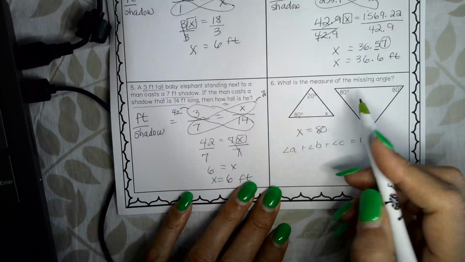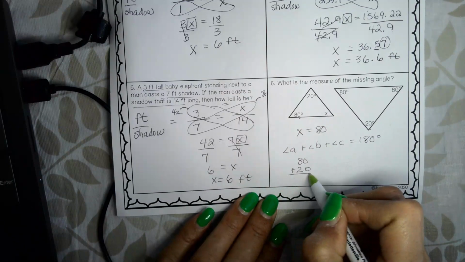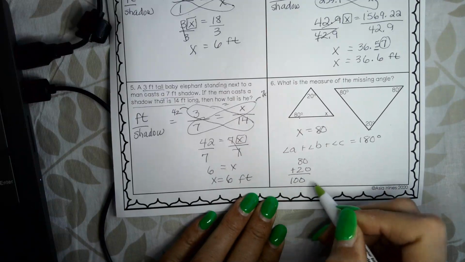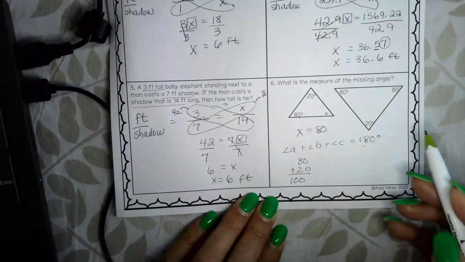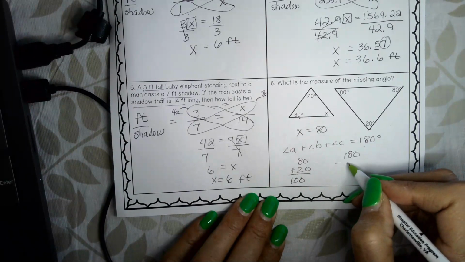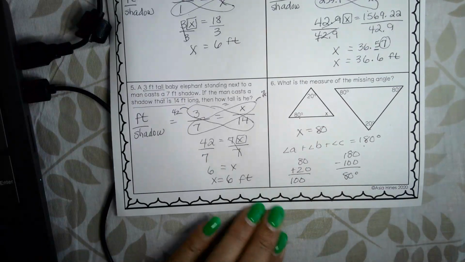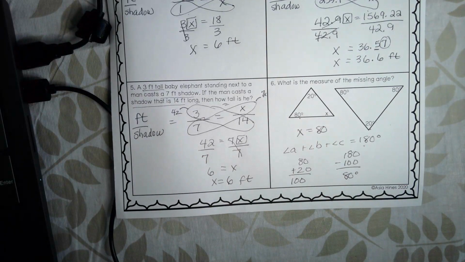So because we knew that 80 plus 20 gives us 100, knowing what I know, I could take this 180, subtract the sum of those two given angles, and I will still get 80 degrees for that. Okay? We'll need to know that before we finish this unit, but that's just a little throw in to give you a little advance. Right, so we have finished our notes for practice and practical.